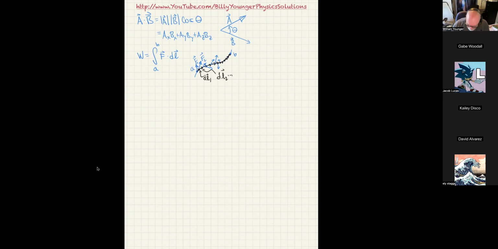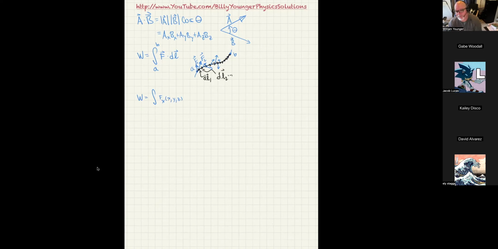Now, if you wanted to really think about exactly what's going on, then you could say the work is equal to the integral. I'll leave off the limits of integration and the dL right now just to show you exactly how we can interpret F. So this would be F sub x, meaning the x component of F, and that x component of F could be a function of x, y, z.